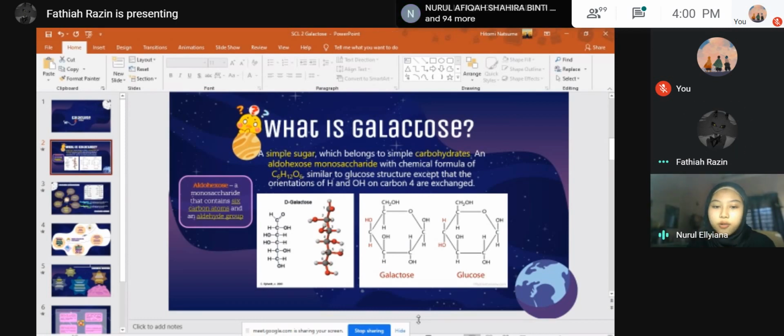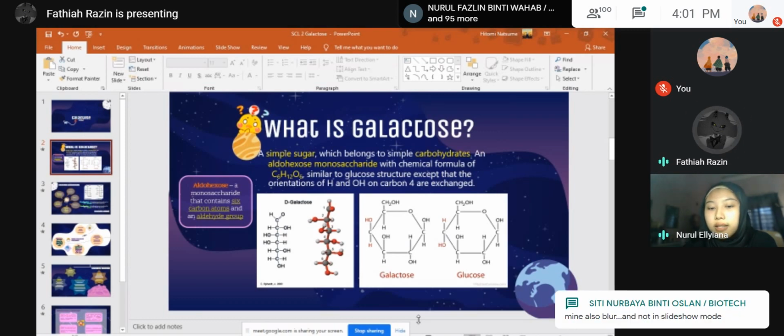As you can see, they are quite similar but not quite, because on the fourth carbon, 1, 2, 3, 4, on galactose, the hydroxyl is projected upward and hydrogen is projected downward, while on glucose, it's the other way around. So I think that's all for the first slide.